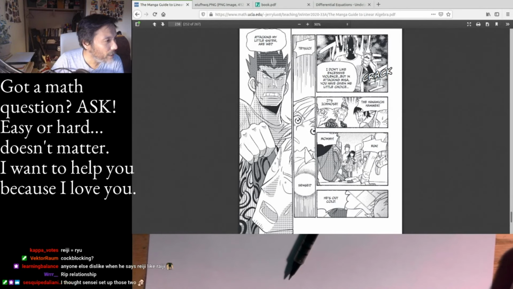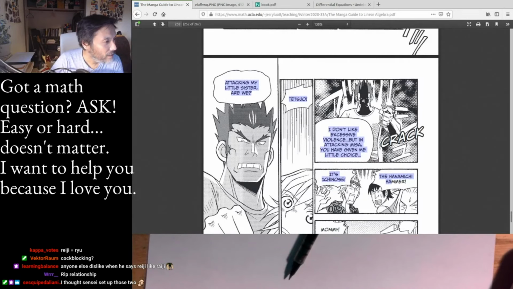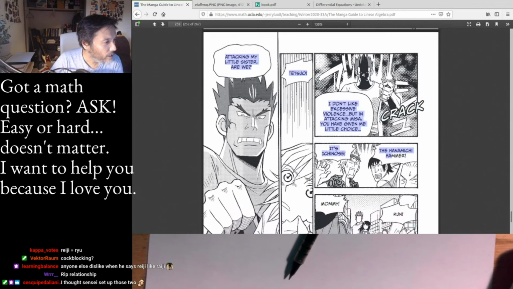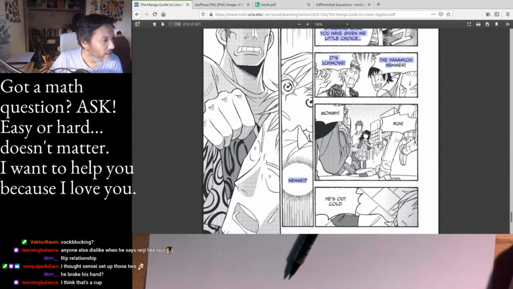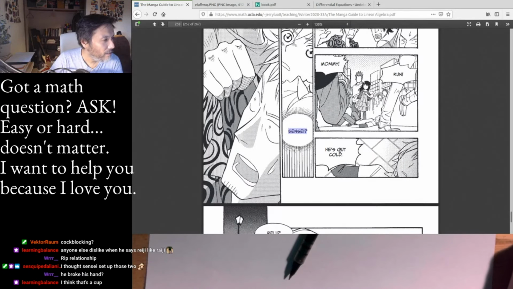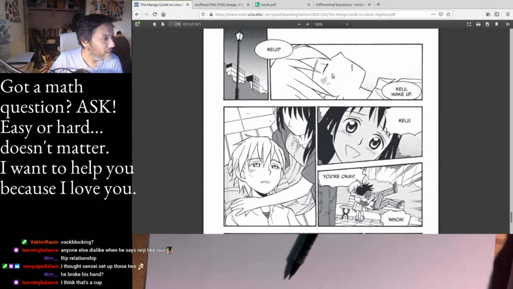What does this crack mean? Holy shit. What happened here? What is he cracking? Are there bones involved? Reiji? Reiji?